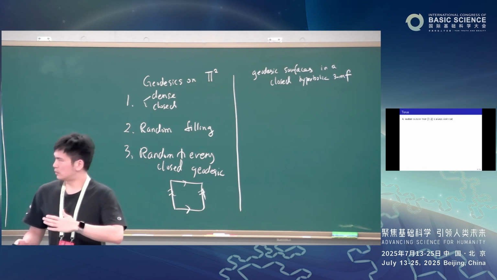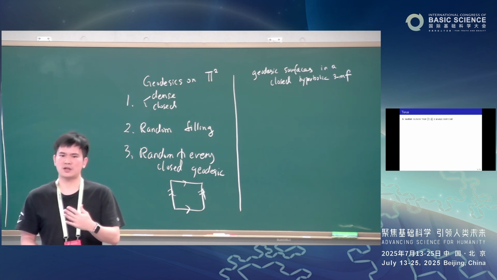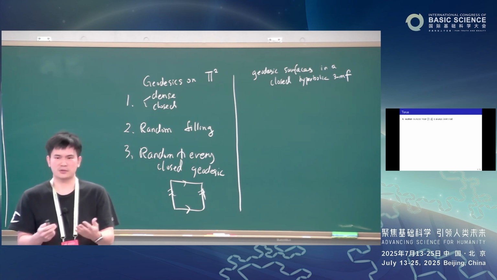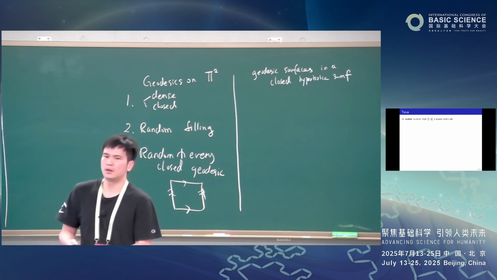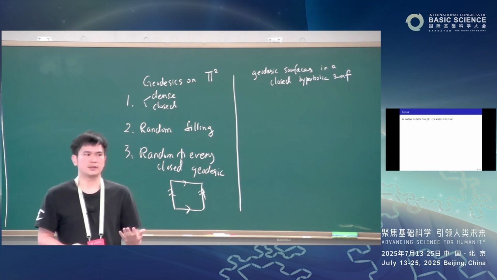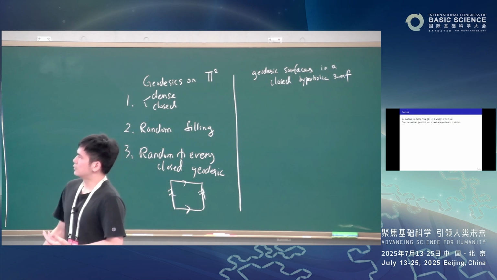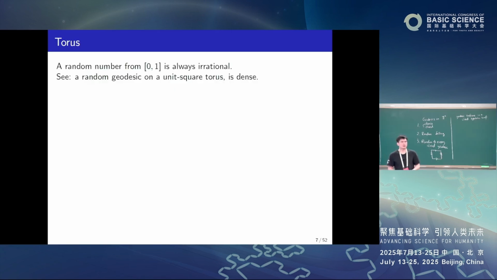Most geodesics will be those irrational geodesics, because irrational numbers are much more than rational numbers. And those irrational geodesics on the torus will be dense. So you can say a random geodesic on a torus is dense, because if you think about the 0-1 interval, those irrational numbers are generic.